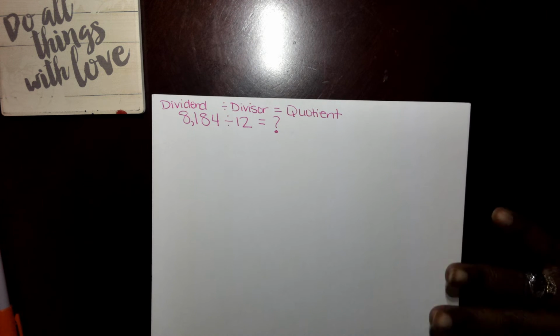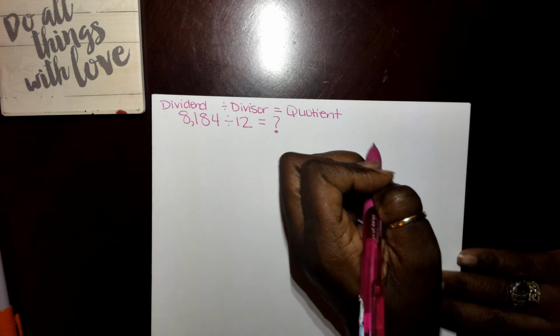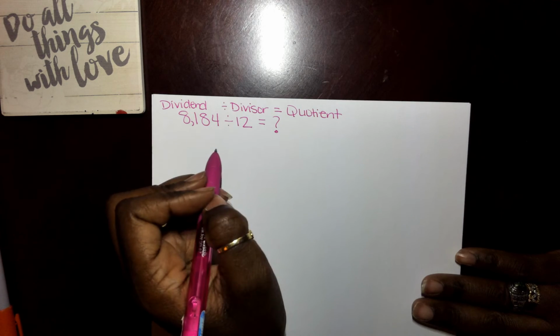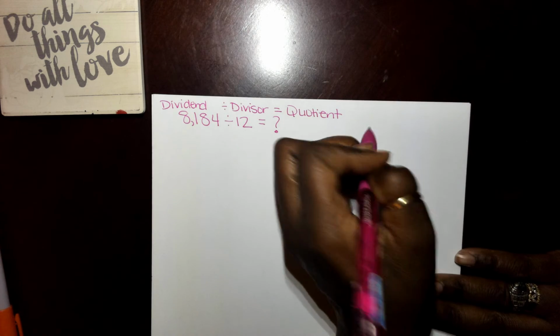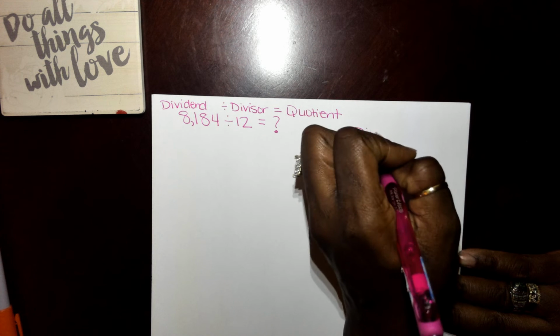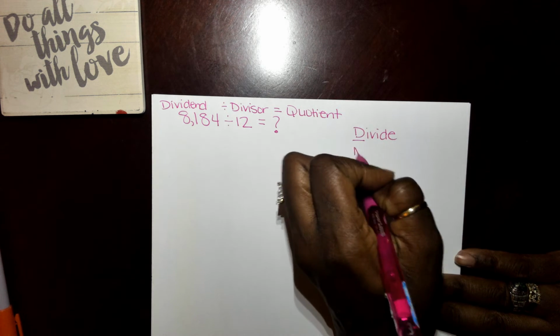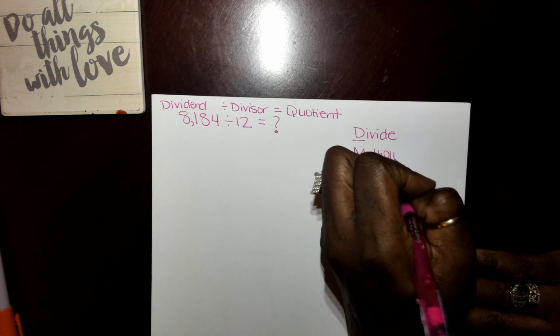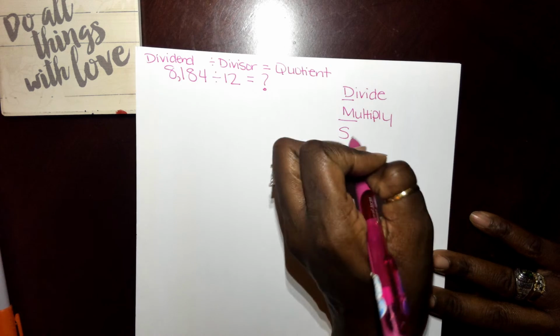And then remember that there are 5 family members that we use to help us remember what the operation is for long division. It is daddy, which is for divide. Mommy signifies multiplying. Sister, we subtract.